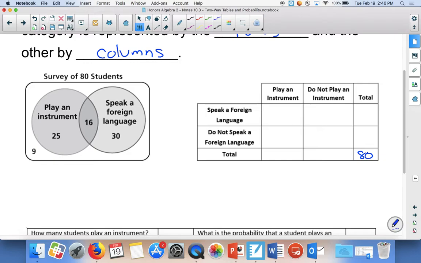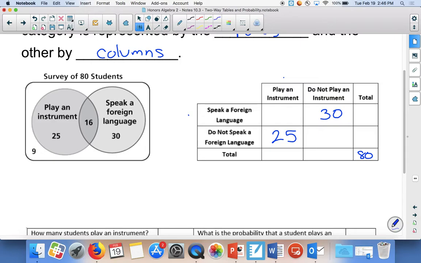So you know that 25 students out of this 80 play an instrument. So where does that 25 go? Well, you go under the play an instrument column, but then what is it not? The 25 is just playing the instrument and not speaking a foreign language, so it goes there. And then if you look at the other circle, the students surveyed who speak a foreign language but do not play an instrument, that 30 goes there.